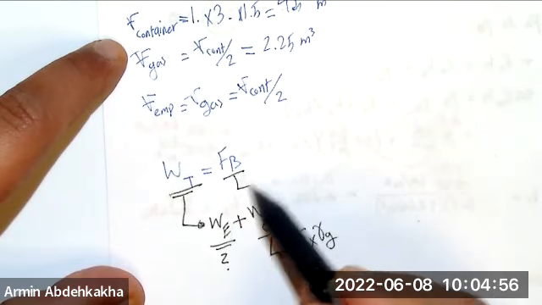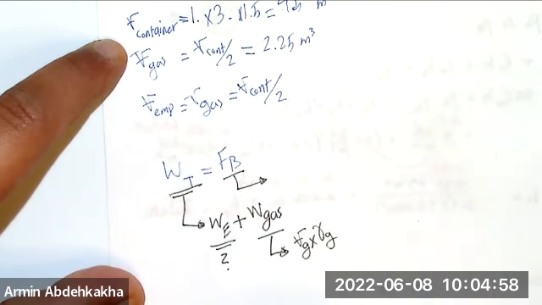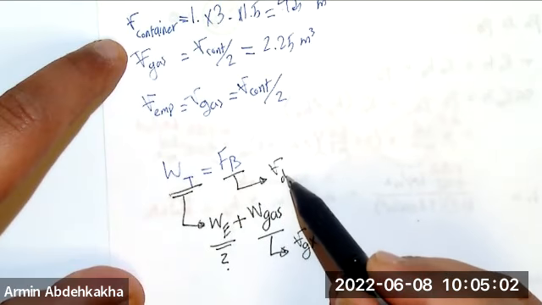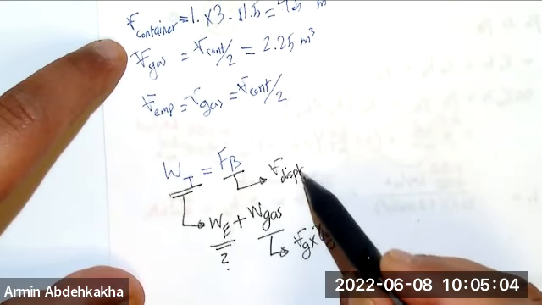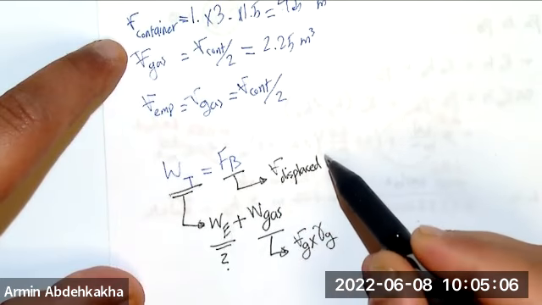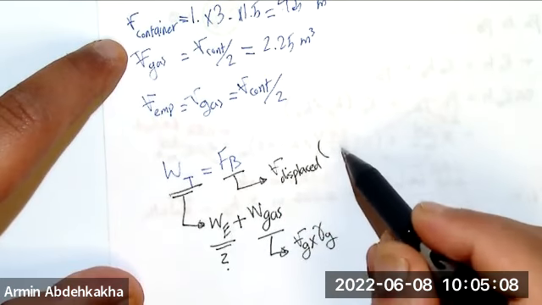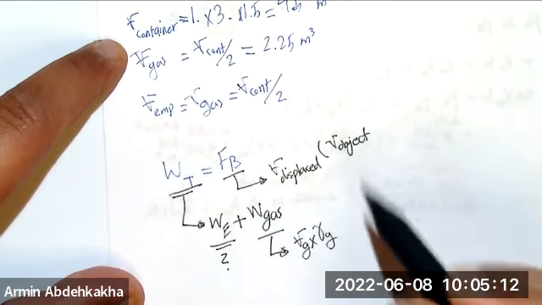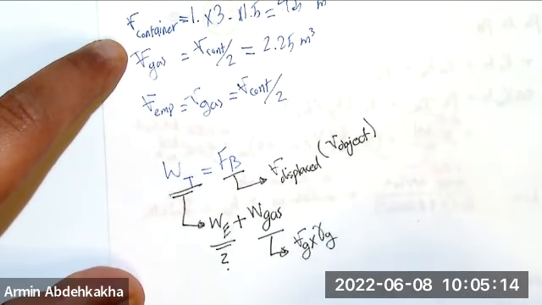What about the buoyant force? What is the buoyant force? It's the volume of this place, or we mentioned before that this is the volume of the object that is inside of the fluid, right?